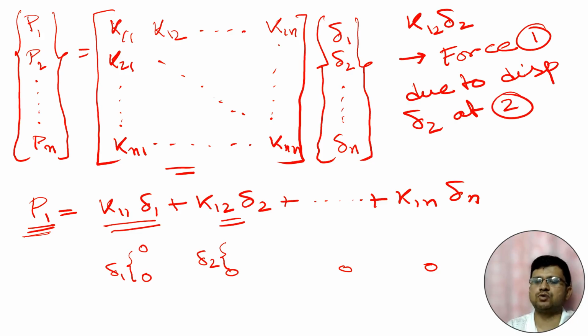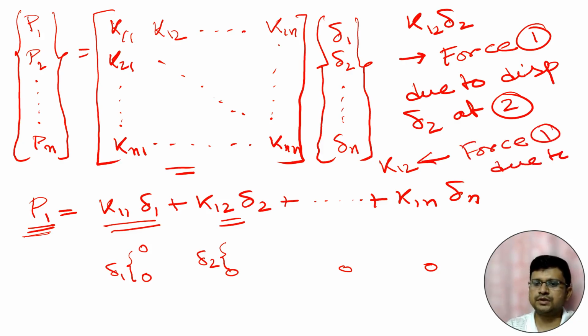So, what will be K12? K12 is the force at node 1 due to unit displacement at node 2. Similarly, what will be K21? K21 will be the force generated at node 2 due to unit displacement at node 1. And like the previous concept, from Maxwell's reciprocal theorem, we can say Kij will be equal to Kji.